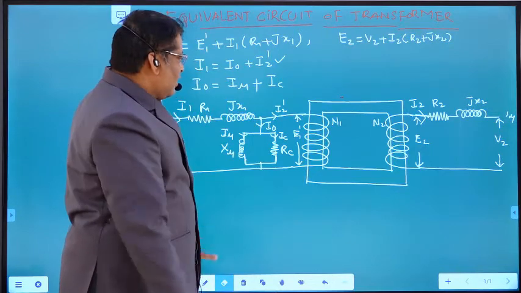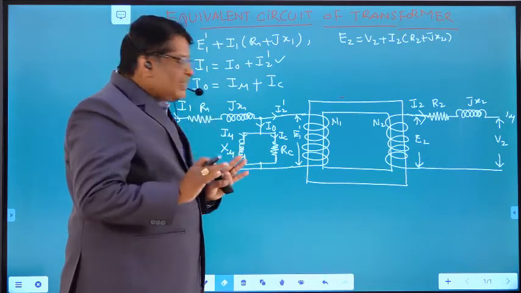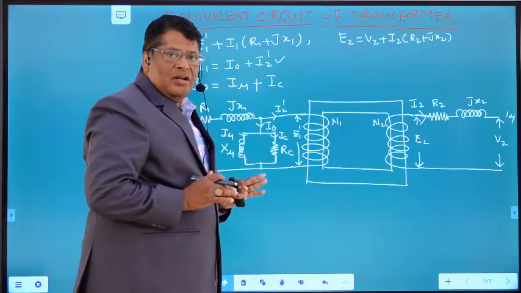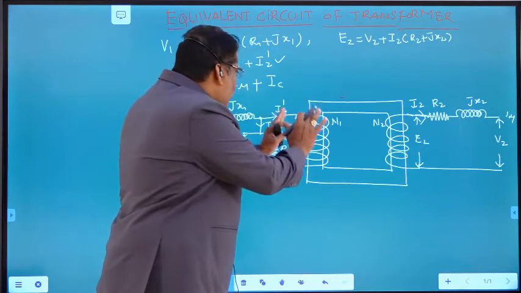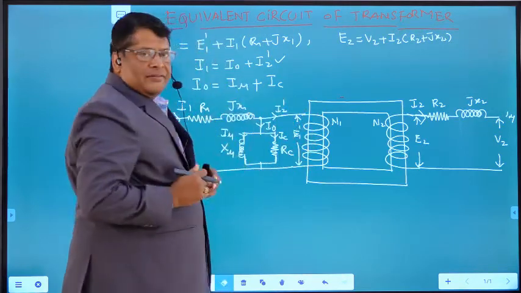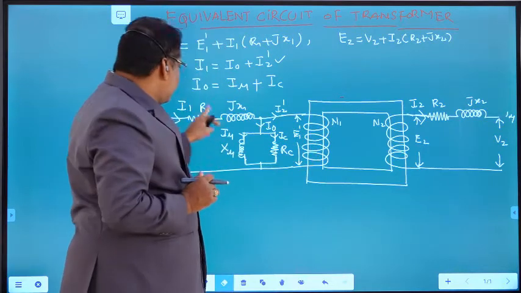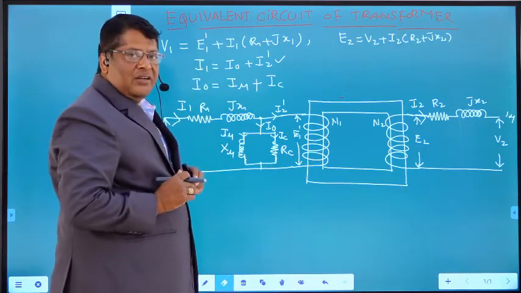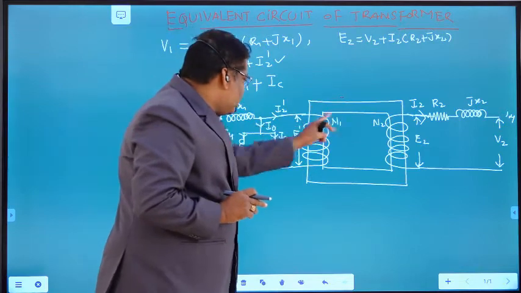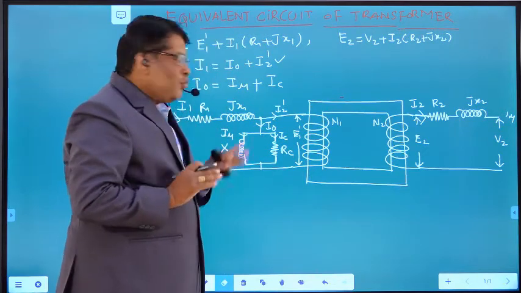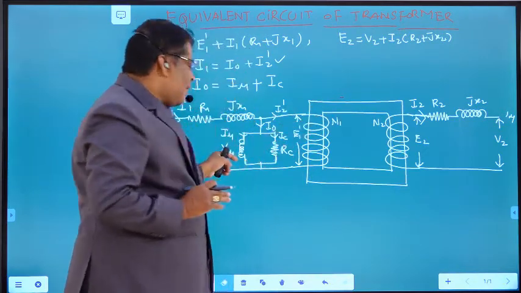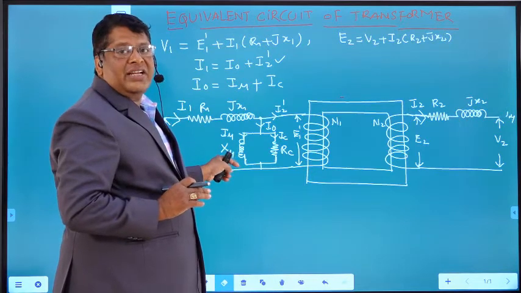In this manner, whatever physical things happen in a transformer, almost all the quantities are represented outside. The copper loss occurs in a winding, that we represent with a resistance R1, whereas the core loss we represent with RC. Mutual flux we represent with X mu, the magnetizing reactance.